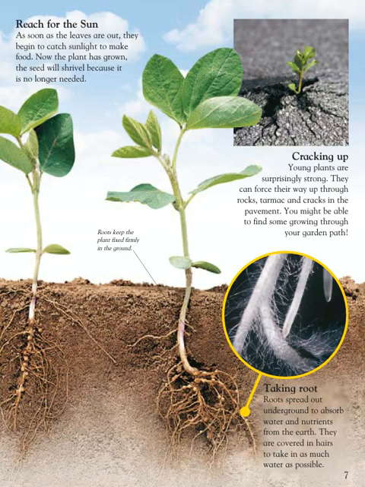As soon as the leaves are out, they begin to catch sunlight. You see here these leaves? And that helps them make their own food. Now the plant has grown, the seed will shrivel because it's no longer needed. So see down here, we don't have that seed anymore because it's not needed.